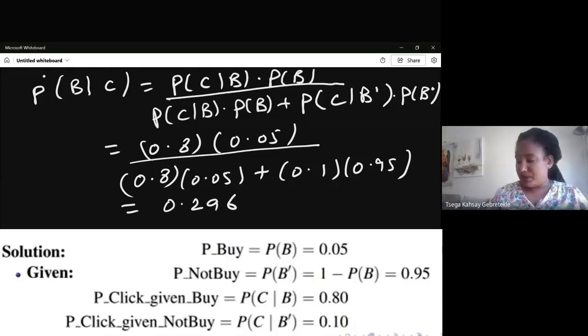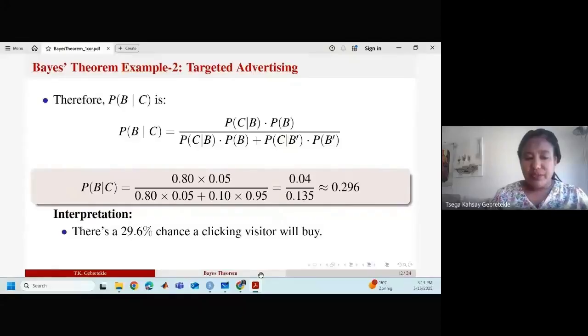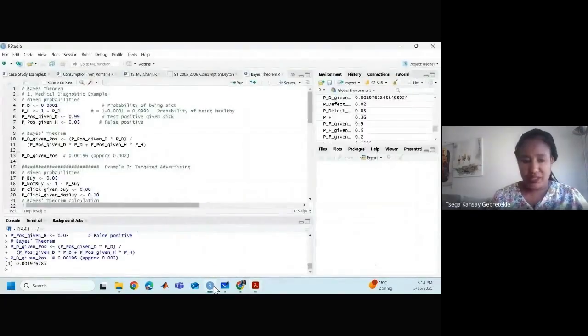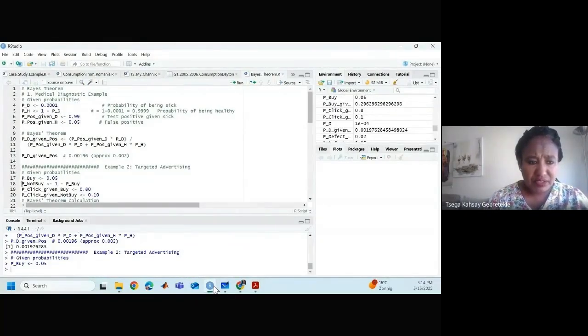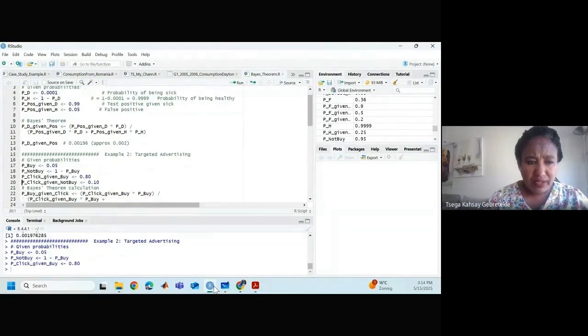That we can also see here. And so there is a 29.6% chance a clicking visitor will buy. We can also do it in R. This is a code. And how we can do it is we can run probability of buy, which is 0.05, not buy, and click given buy, click given not buy.